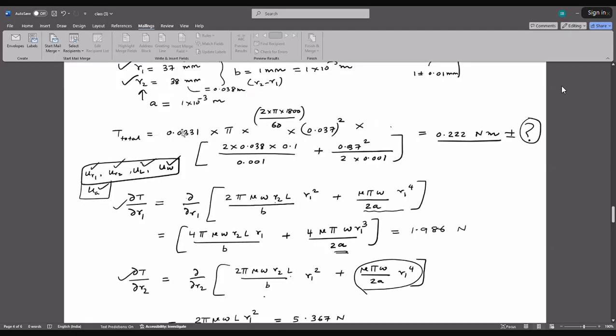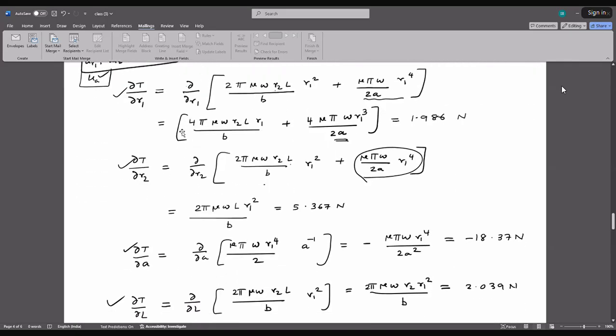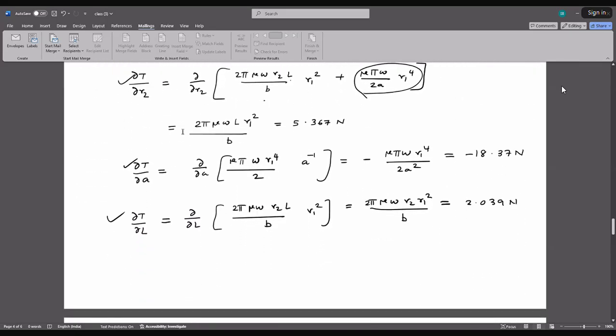So we will have both the terms in there. So ∂T over ∂ω will be basically μπ here.